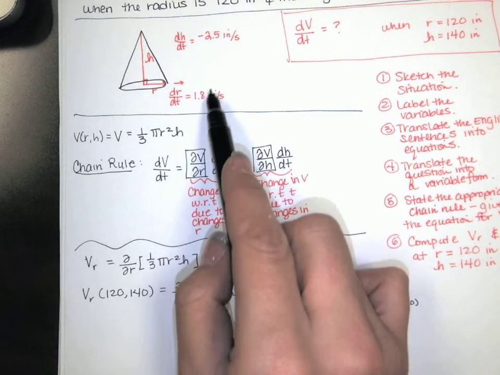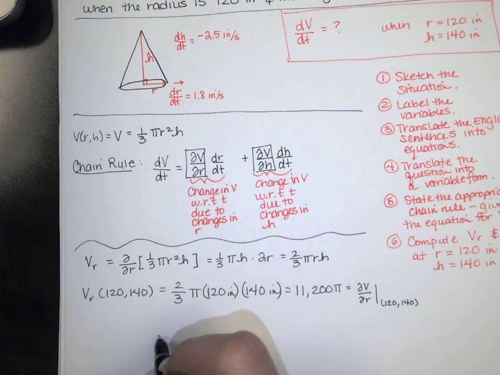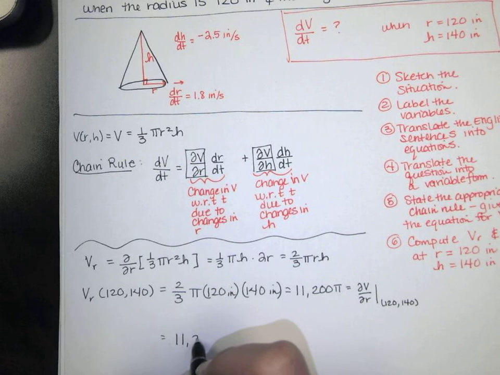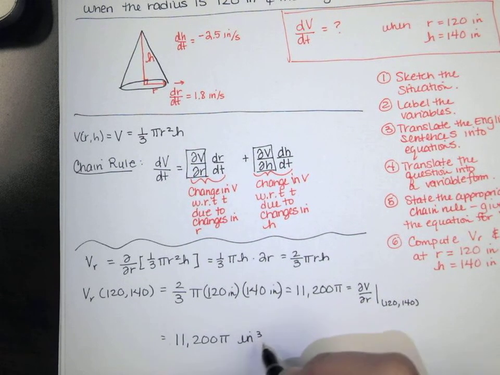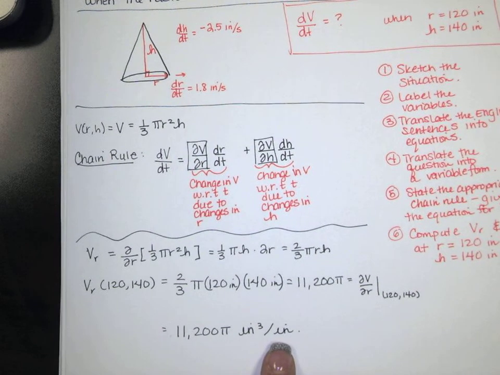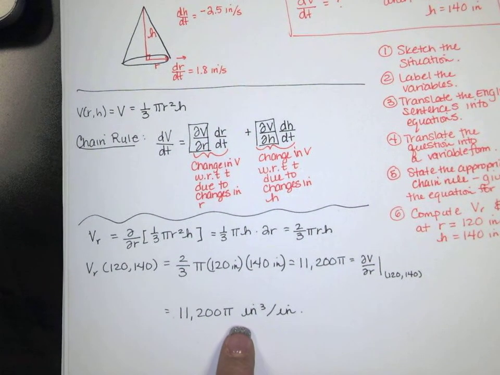Now our radius and height are being measured in inches, so the volume is also going to be measured in inches times inches times inches, so inches cubed. So this is 11,200 pi inches cubed per inch. So for every 1 inch increase in the radius, the volume is increasing by this much.